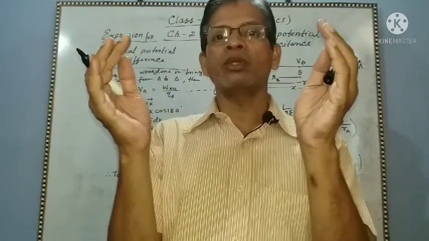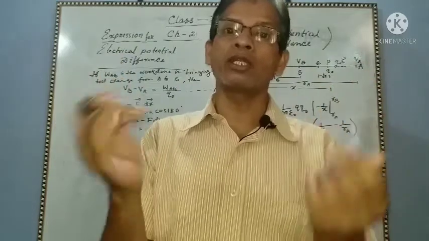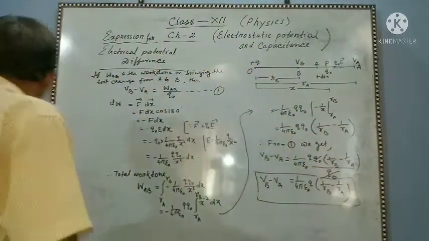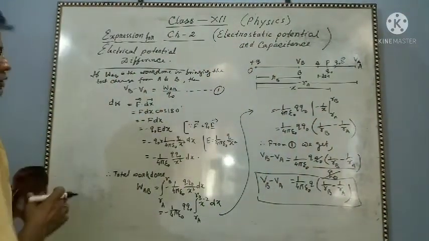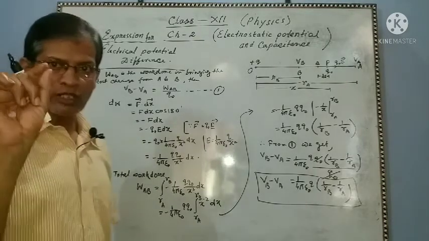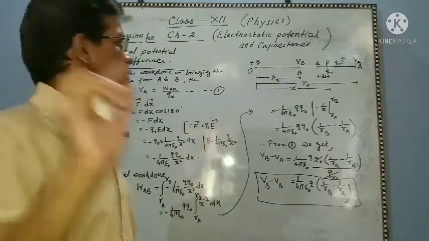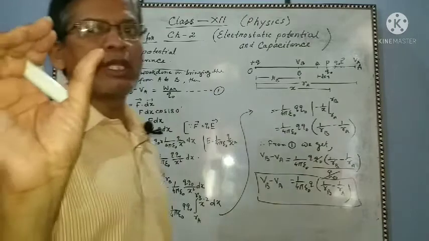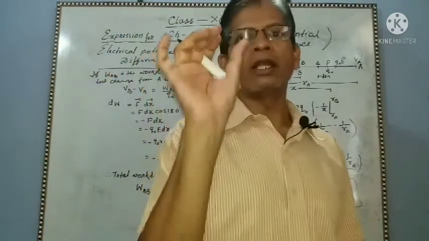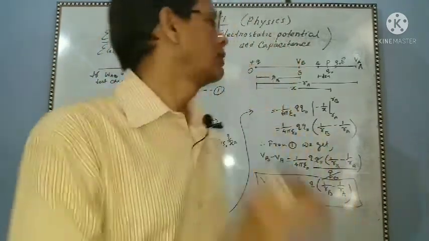Now we want to find the relation between electric field and electric potential at a point. Another one, just a small derivation. What is the relation between the electric field and electric potential at a point?